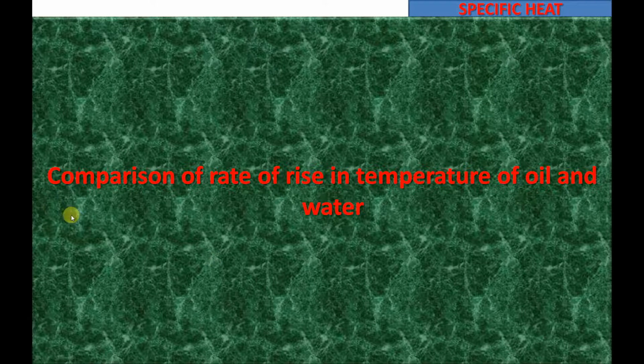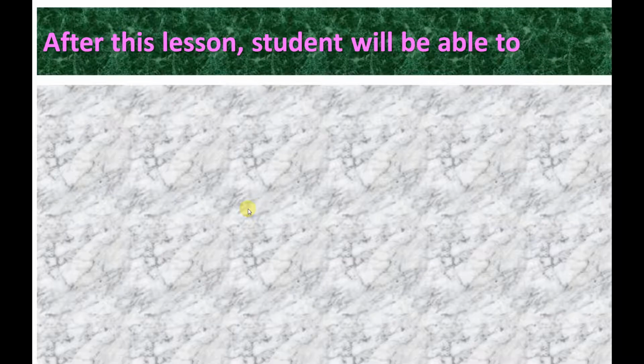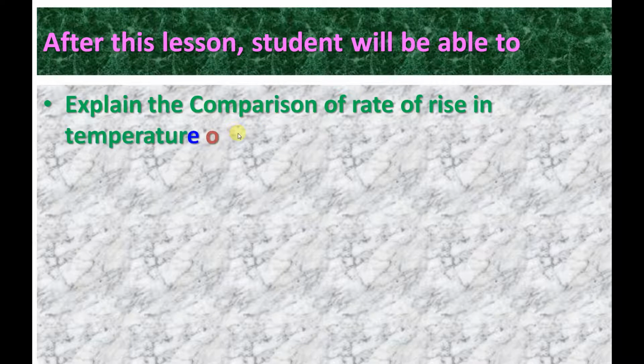So, this is the activity. Let's do it now. After this lesson, students will be able to explain the comparison of rate of rise in temperature of oil and water.